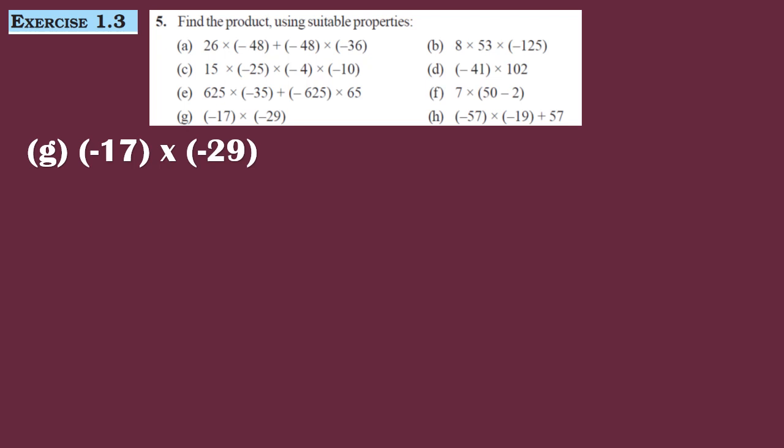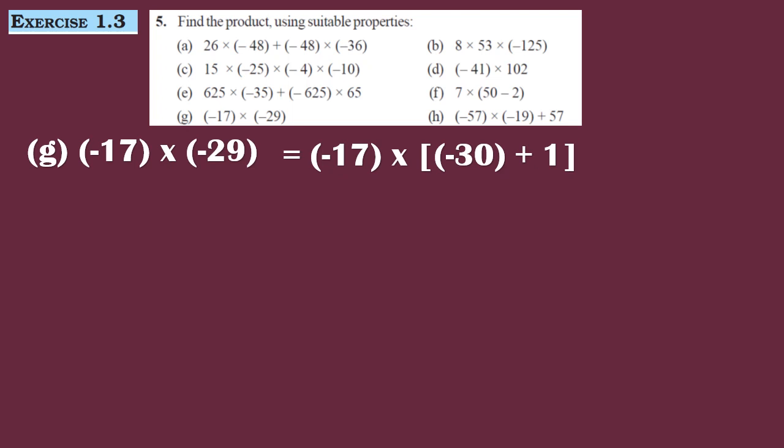So either you can cancel the negatives and do 17 into 29 and then split one of the numbers, 10 plus 7 you can put, or 29, how can we write? 30 minus 1, or minus 29. So it is very, very near to minus 30, is it? 30 is a multiple of 10. So I will rewrite this as minus 17 into minus 30 plus 1.